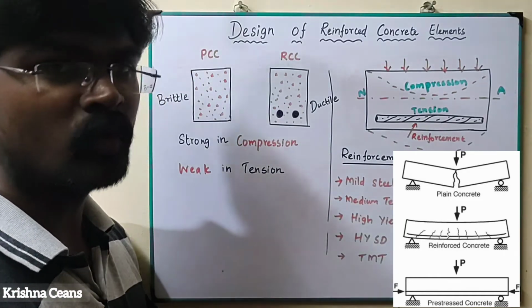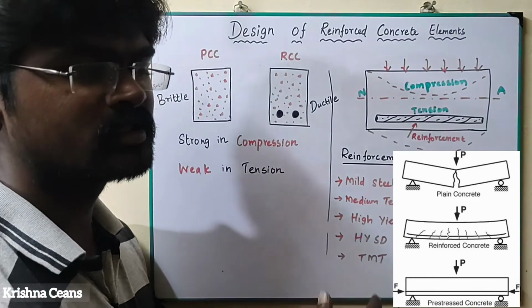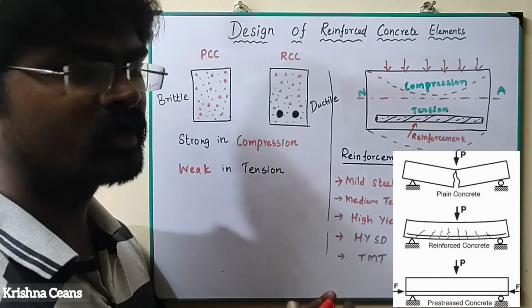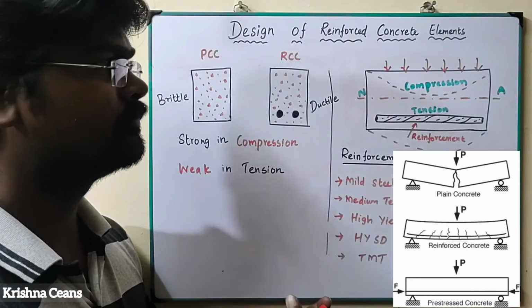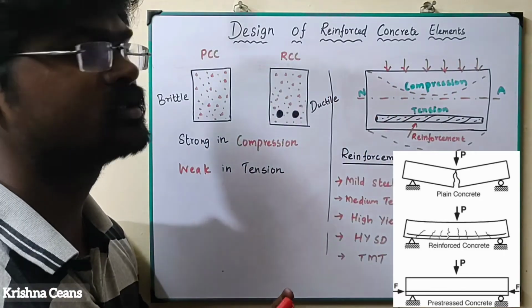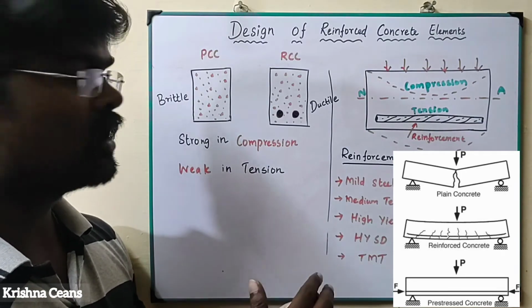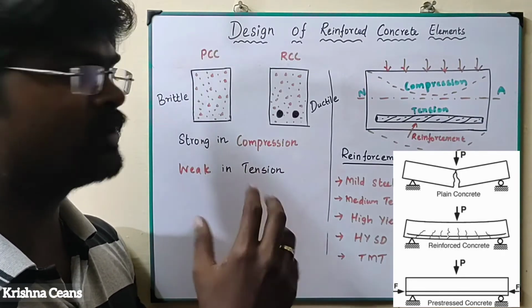So for that only, we insert the steel bar in the tension zone to overcome the failure of the concrete. That's why the RCC mechanism arose. So that's why we go for RCC. We have to keep it in mind.